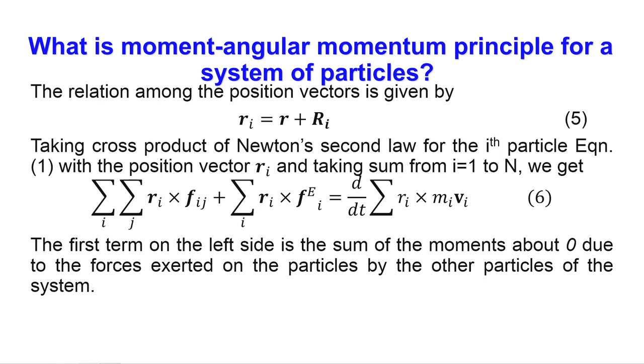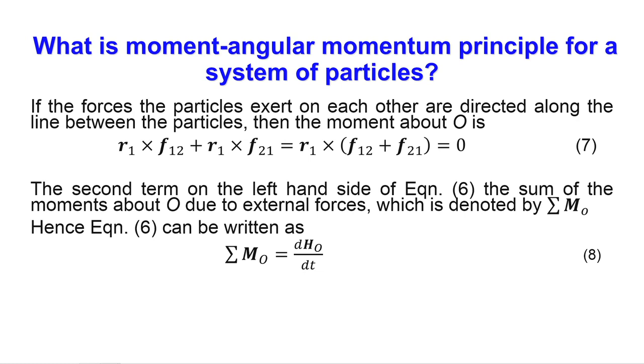Action and reaction forces are equal in magnitude but opposite in direction, and if you take the cross product with r_i, their value will be the same. So they cancel each other, and that way the first term will be 0. So the second term will remain.